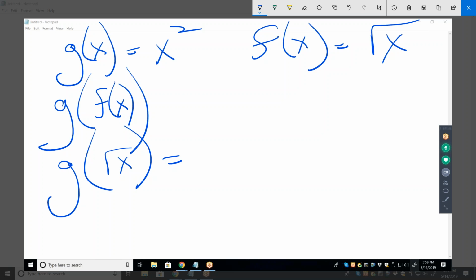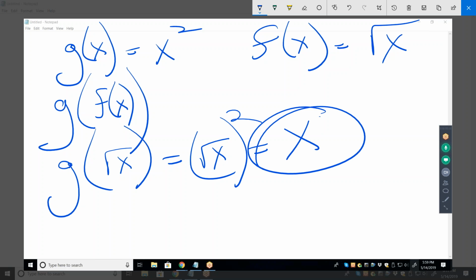Root x squared. What's that equal to? x. That means they're inverse functions. And it doesn't matter whether I did g of f of x or f of g of x. They both have to equal x.